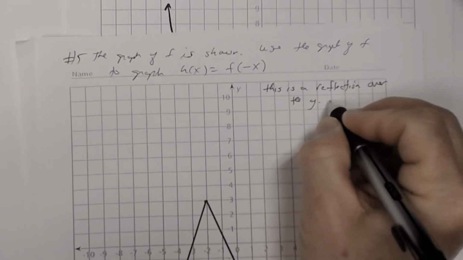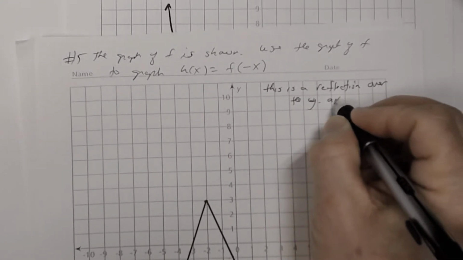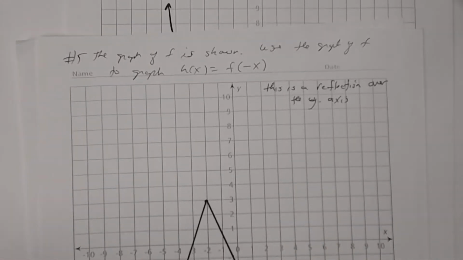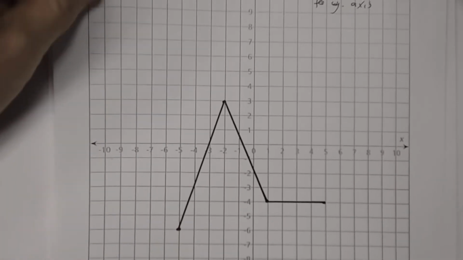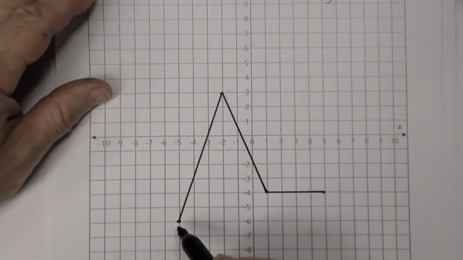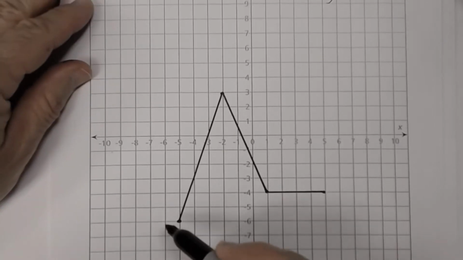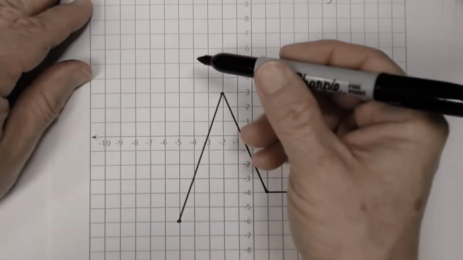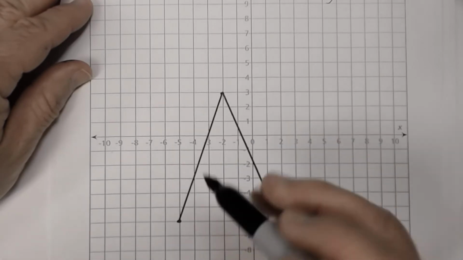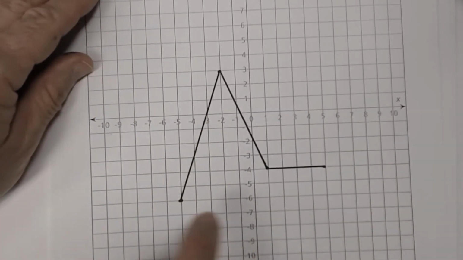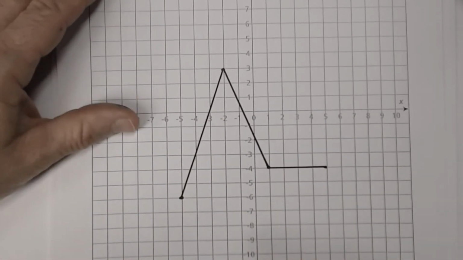All right, so that's what this one is, y-axis. Again, we're going to just look at certain points, since these are all segments. So I'm going to look at this point here. When I reflected across the y-axis, what changes?